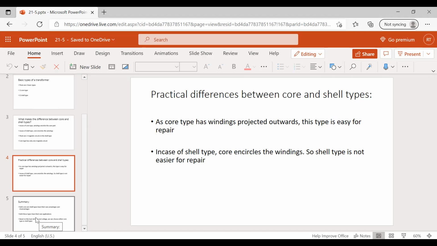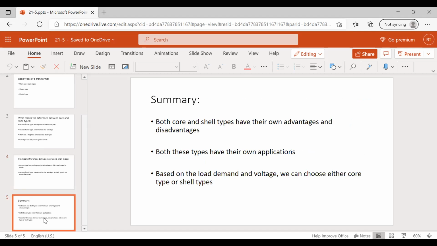So the question is, why are we still making use of the shell type of transformer? Even with these drawbacks, it has its own application. It is generally used for high voltage transformer applications.